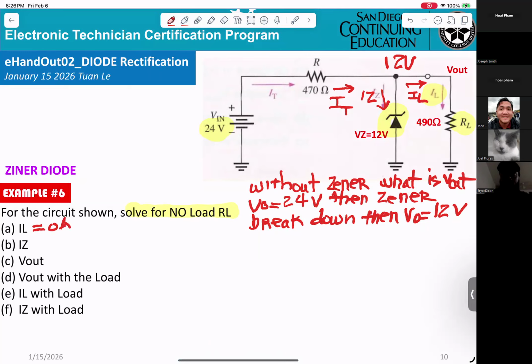And now they want IZ. If you want to calculate the IZ, it equals 24 minus 12 divided by 470 ohm.